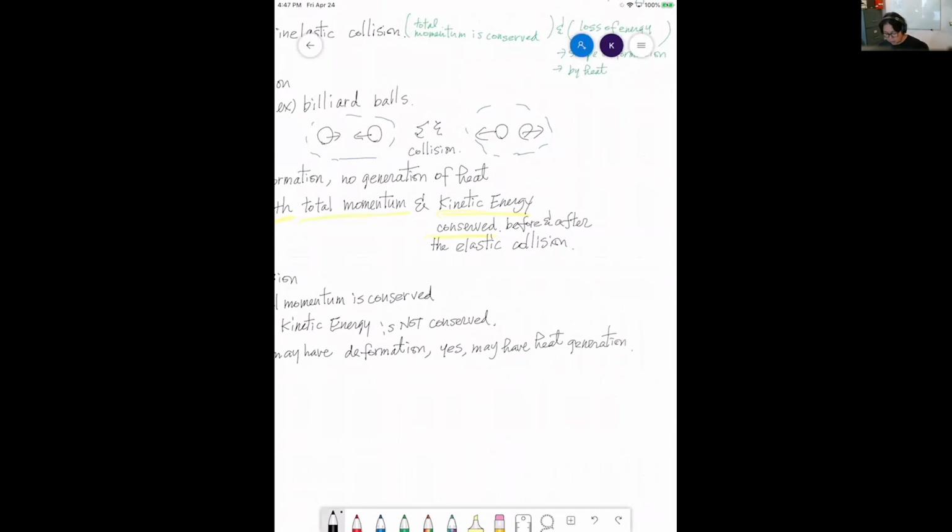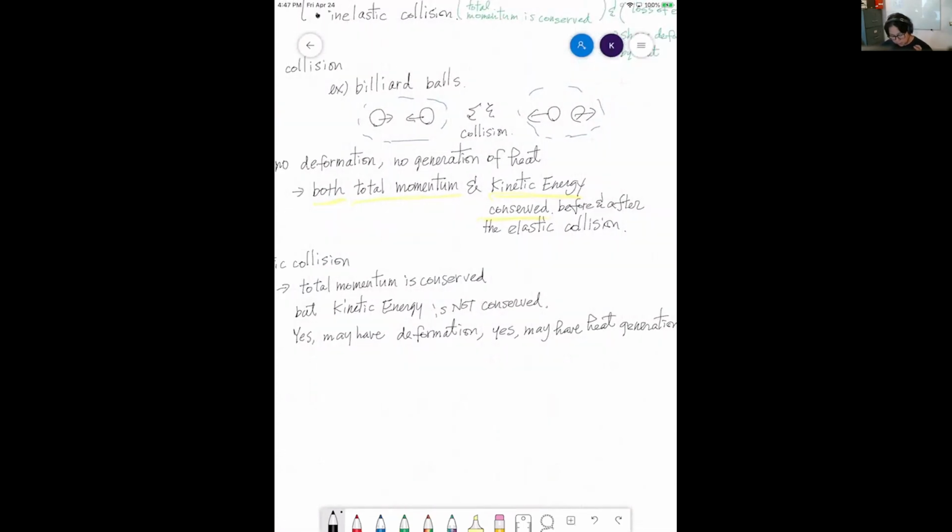So yes, the momentum is conserved, but the kinetic energy is not. So that's called inelastic collision.